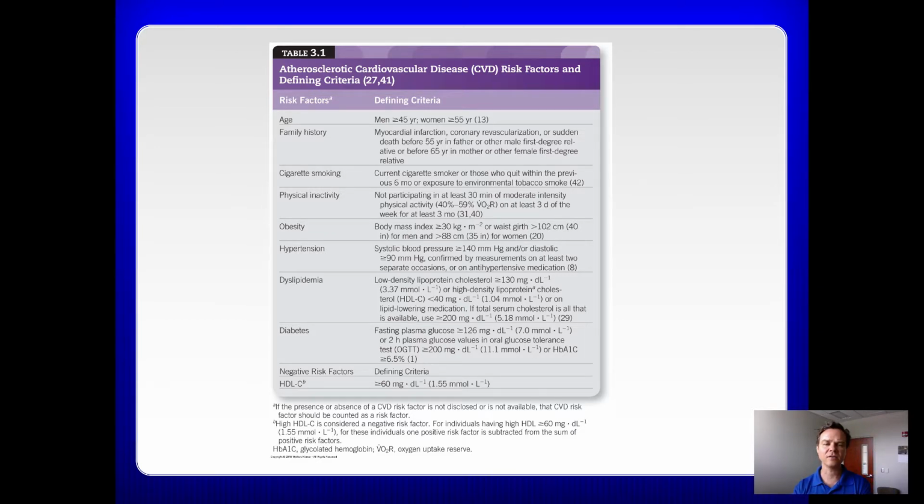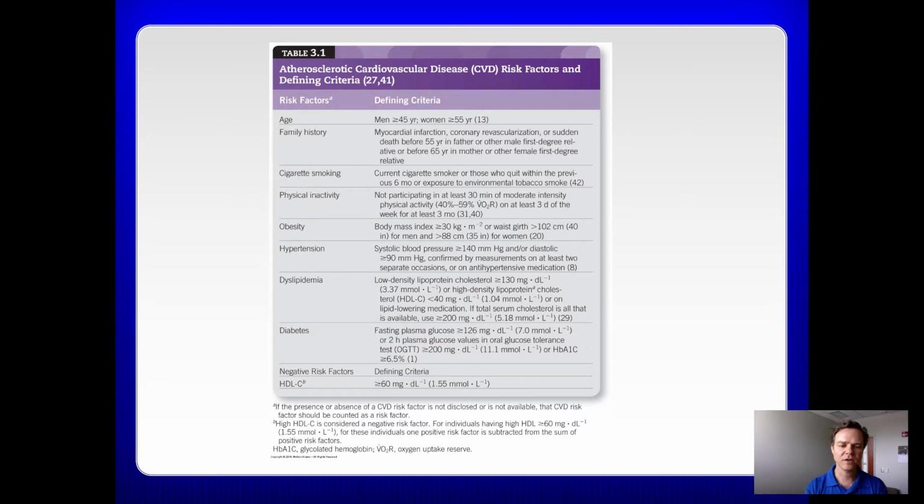Hypertension, either value. So if your systolic is 142, you have hypertension. If your diastolic is 92, you have hypertension. So if you have a blood pressure of 142 over 86, you have hypertension. If your blood pressure is 136 over 92, you have hypertension.